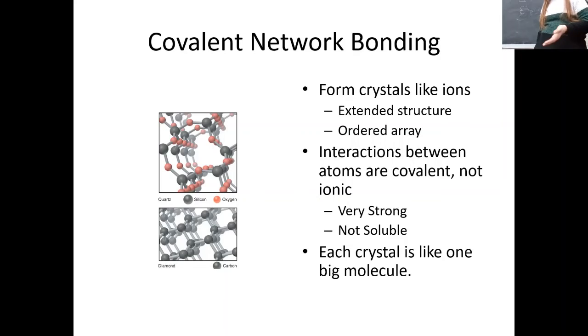It has a pattern to it, so it's not just arbitrarily extending in all directions. Since these are covalent interactions, the interactions are very strong. These types of crystals tend to be very hard, and they are not soluble in water because we can't dissolve them to form ions that the water would be attracted to.